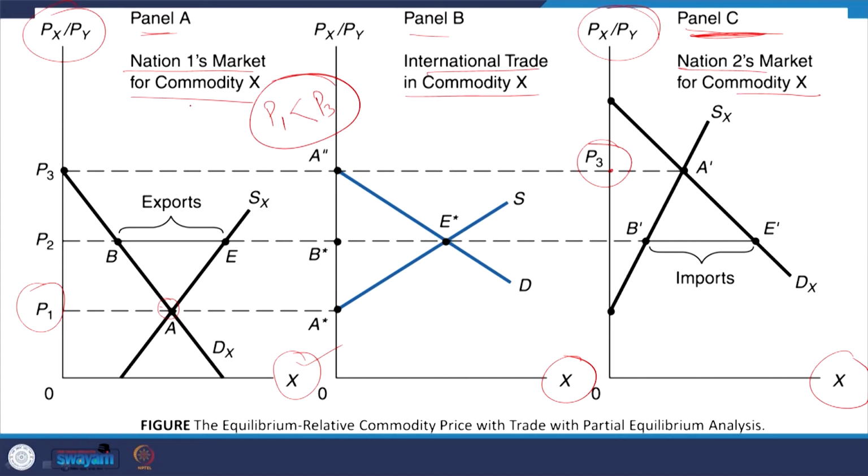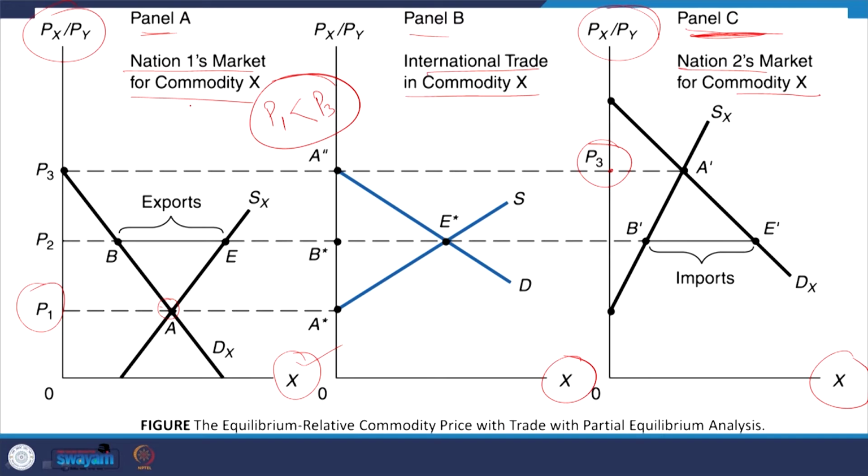The autarky prices actually give a scope for trade, international trade. The autarky situation defines their relative prices, and since these are different, there will be scope for trade.